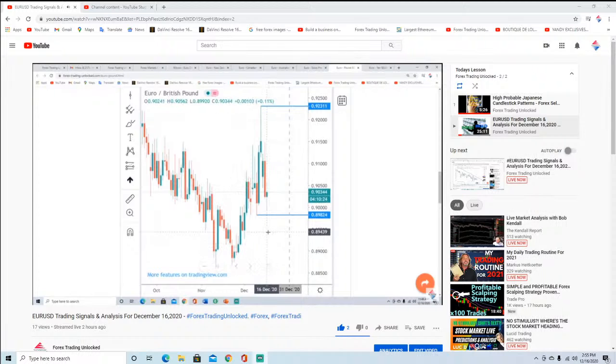End of 2020, the year we all want to get through, and especially with the Brexit, no Brexit deals on the table still. I think you're going to see a lot of consolidation in the euro pound, not necessarily in the euro versus other currencies.